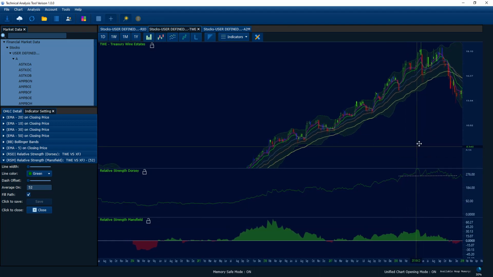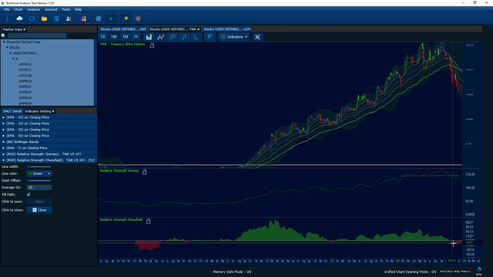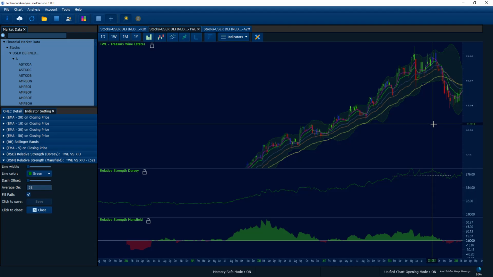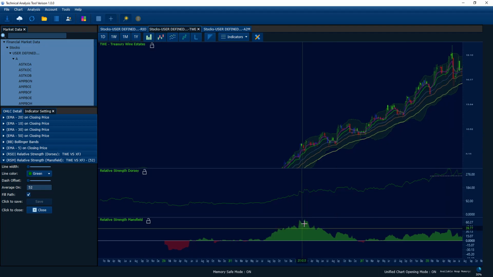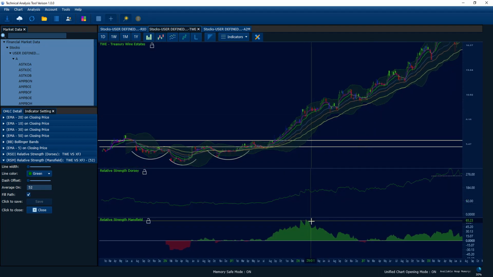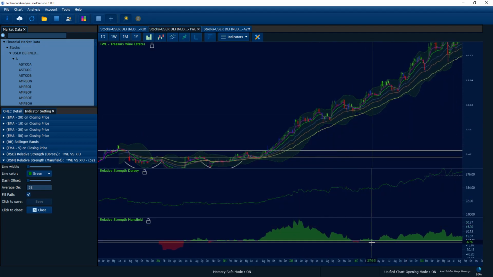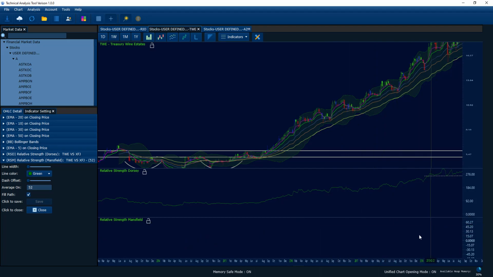When you see the RSM also moving close to zero, it means the strength is losing some, and the end of this uptrend might be in question. As you can see, the first part is very strong, well above zero, and then it dips back, consolidates a bit, keeps moving higher, but oops.